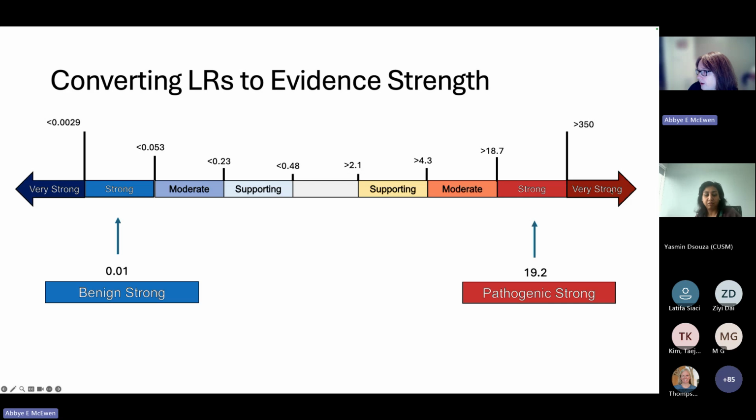For the pathogenic side, the higher this number, the greater the evidence strength. For the benign side, the lower this number, the greater the evidence strength. So our LR of 0.01 maps to benign strong, and our LR of 19.2 maps to pathogenic strong.